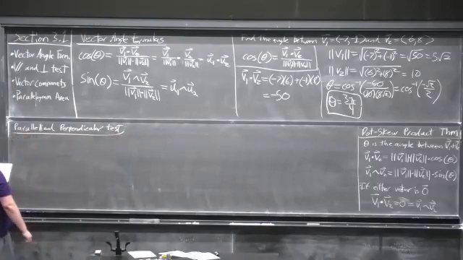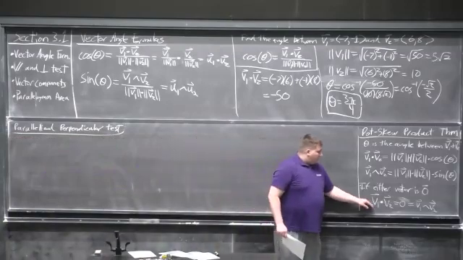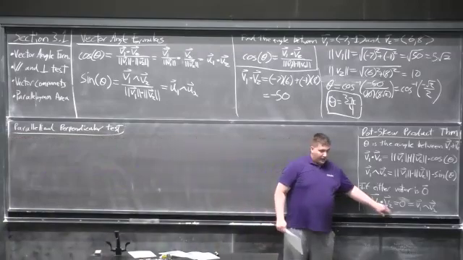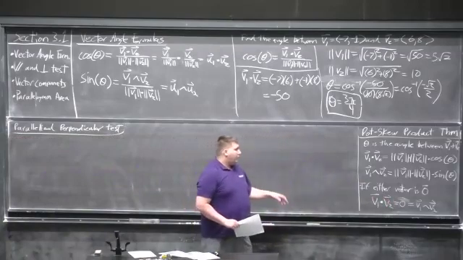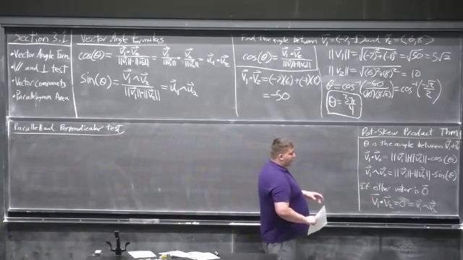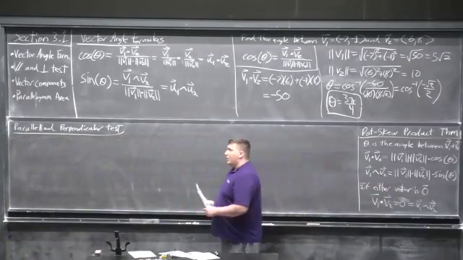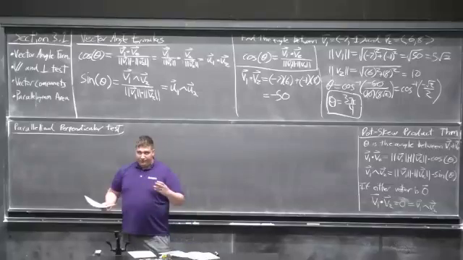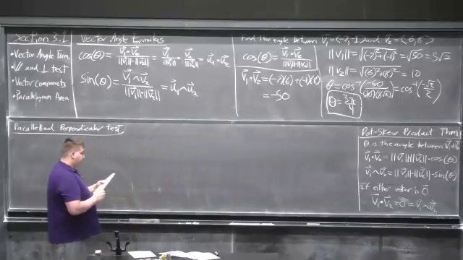Well, we already had this property here: v1 dot v2 equaling 0 and v1 skew v2 equaling 0. This is when the vector is 0. But we're going to expand that and say, well, what if we don't have a 0 vector?